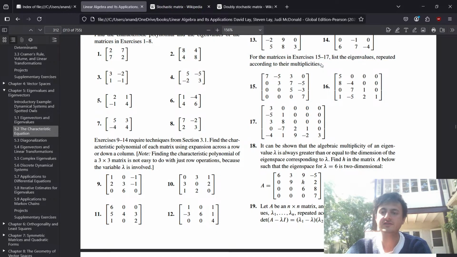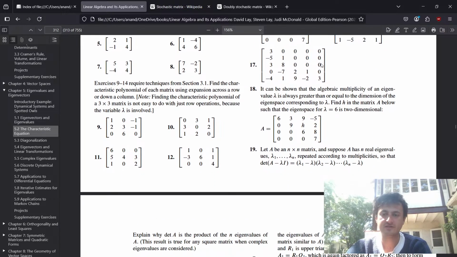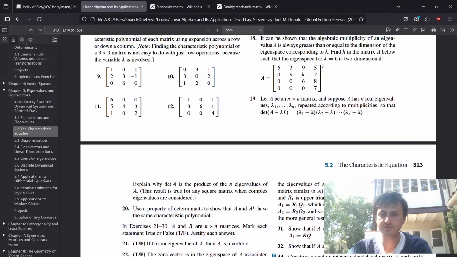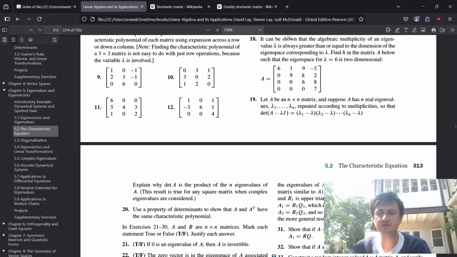All right. List the eigenvalues with their multiplicities. Okay, this section is like a bunch of them. We'll do the true false, I guess. It can be shown that the algebraic multiplicity is always greater than or equal to the dimension of the eigenspace corresponding to lambda.